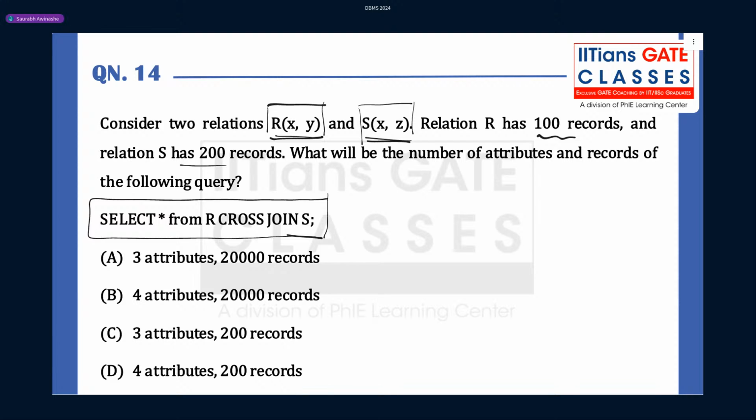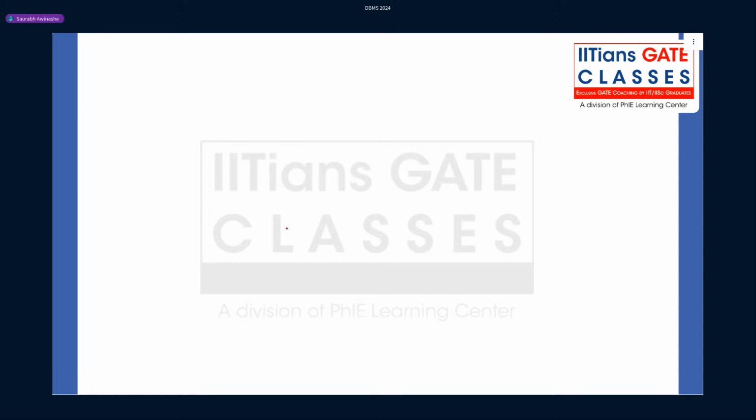Okay, so first let's recall what cross join is. So we have seen different joins. Cross join is basically equal to the Cartesian product of the relations in question. Okay.